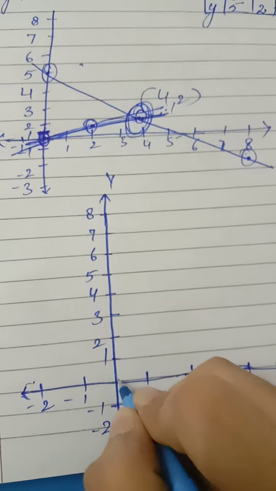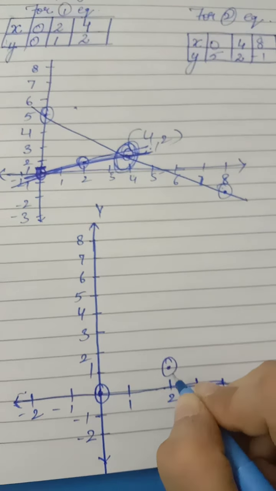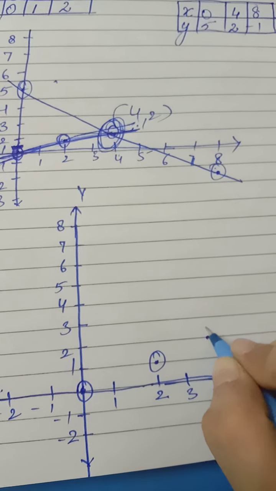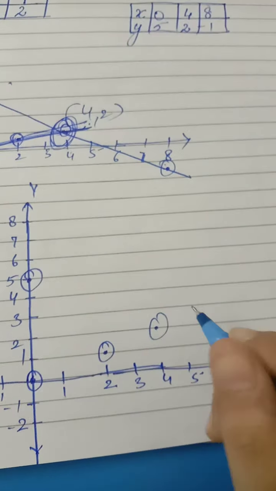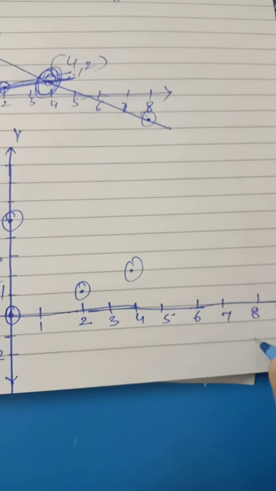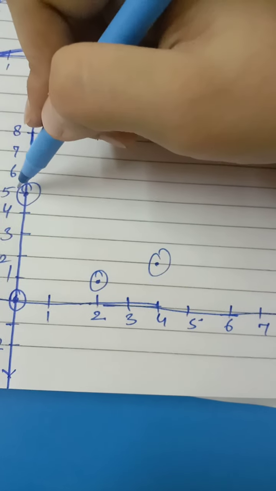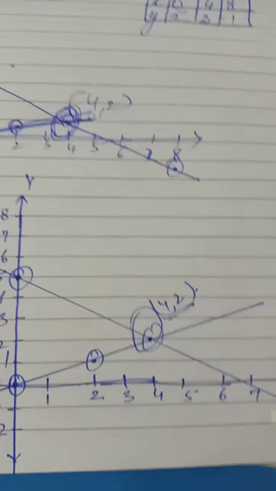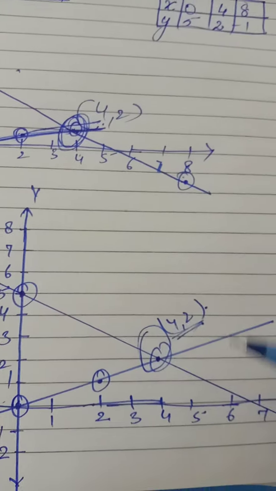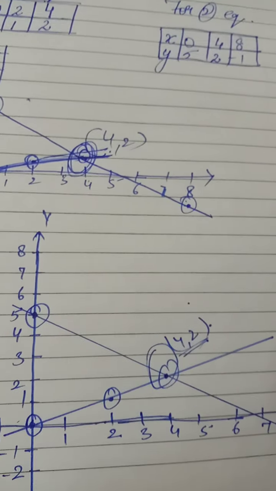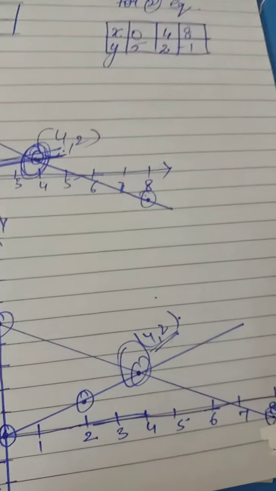So our first equation has 0, 0, then 2, 1, then 4, 2, and the second has 0, 5, 4, 2, and 8, minus 1. When we cross check them, we get intersecting lines, and the unique solution is 4, 2. So we get an intersecting pair of linear equations.